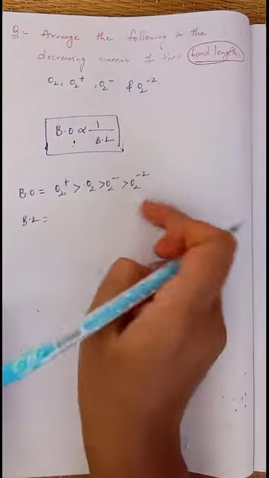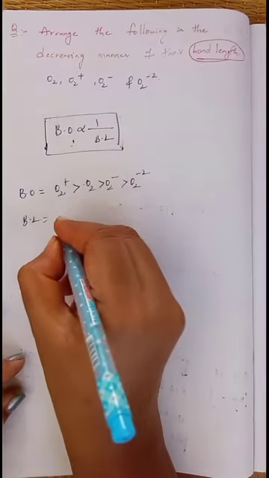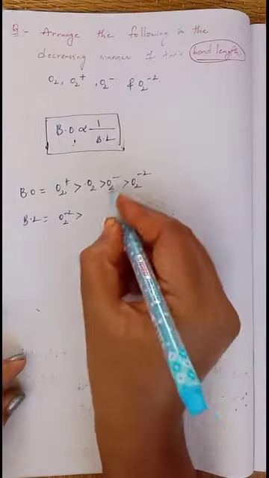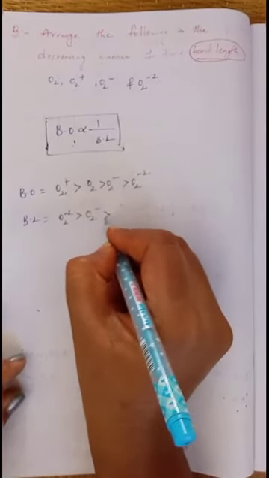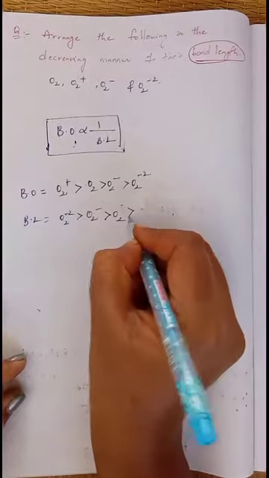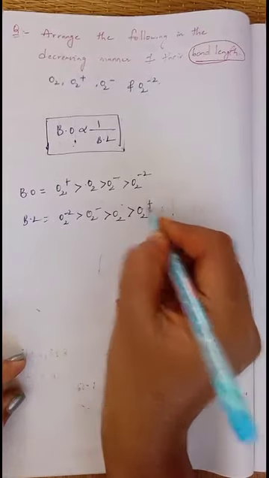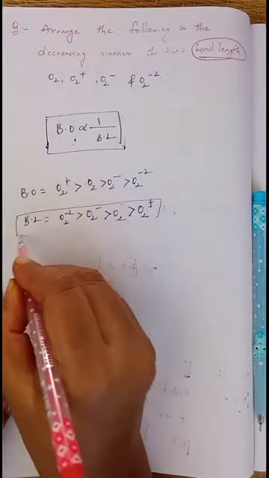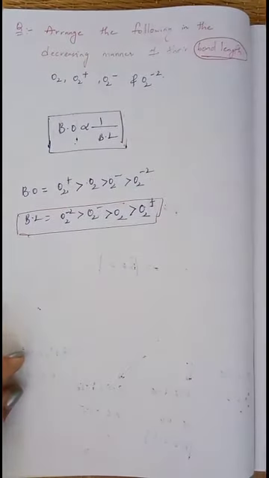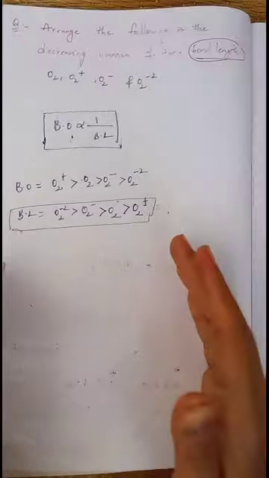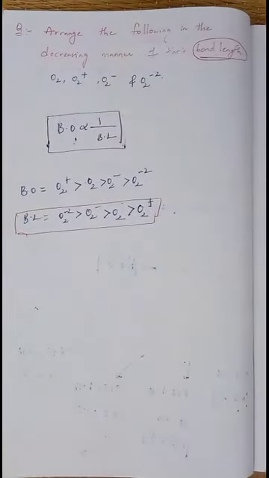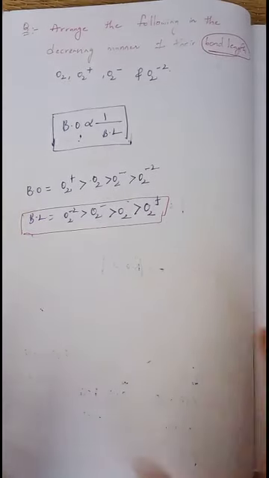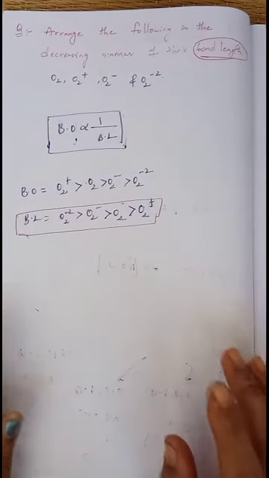So for this molecule, the bond length is very high. Then O2 minus 2 is greater than O2 minus, greater than O2, greater than O2 plus. So this is our answer. In this way we can easily find the bond length of a molecule. If you know bond order, we can find the bond length, because bond order and bond length are inversely proportional to each other.